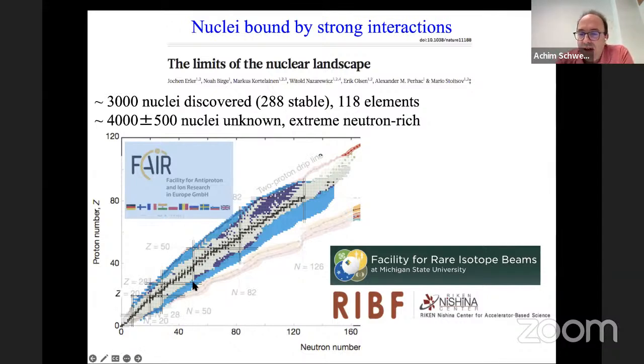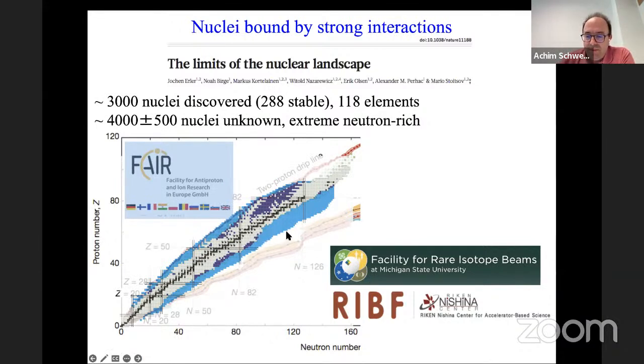Another facility for rare isotopes, or in particular neutron-rich isotopes, at MSU, which is just starting to go operational, which will focus on the second half here of the nuclear chart, and a facility under construction in Darmstadt, FAIR, Facility for Antiproton and Ion Research, which is focusing more on the neutron-rich side up here.